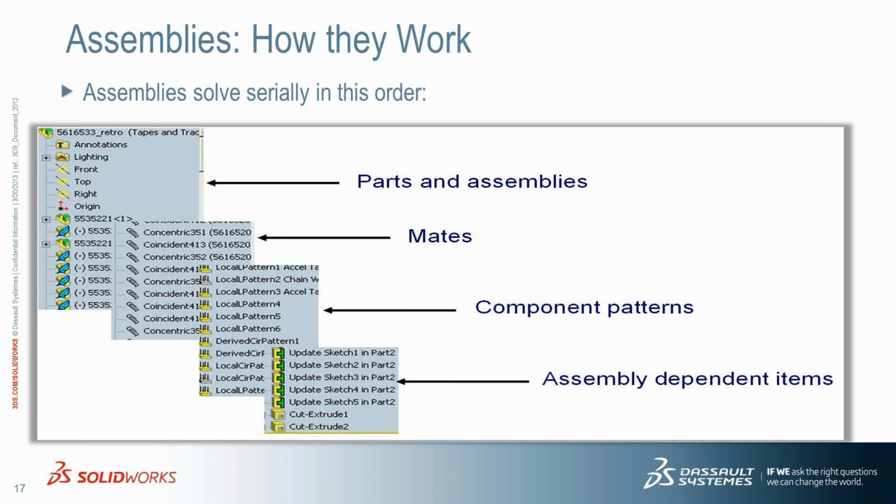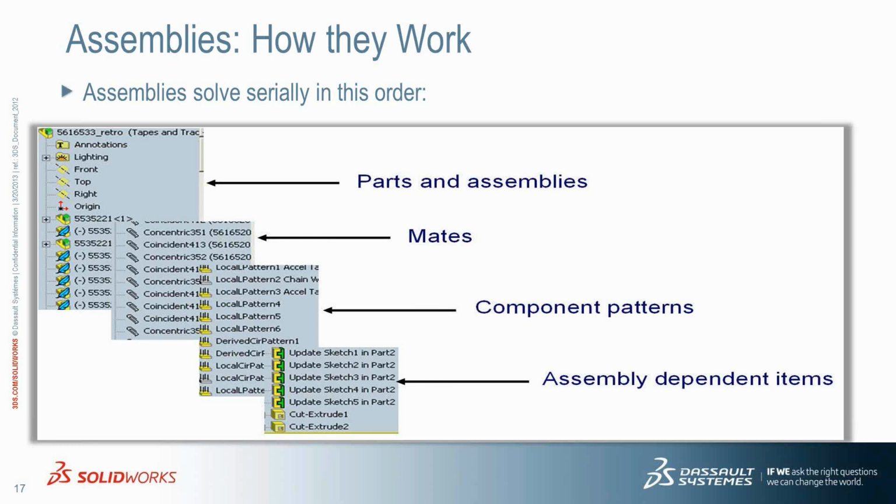It then has to calculate the time-dependent features, if you've ever heard of that. Time-dependent features just means they can't be solved until all the components are in place. It has to solve the mates. After it solves the mates, it solves the component patterns. And then there's assembly-dependent items at the bottom, where you've updated sketches, you've added planes.